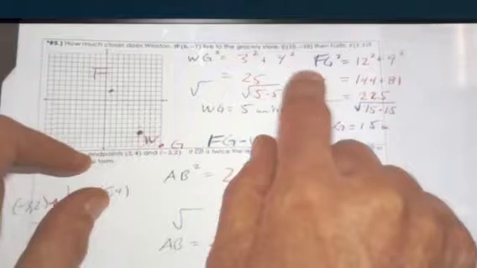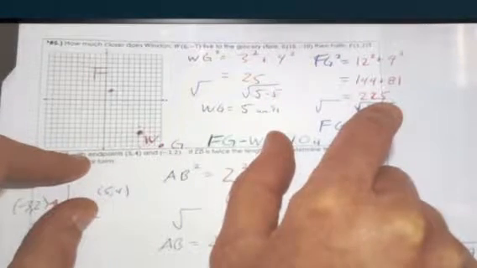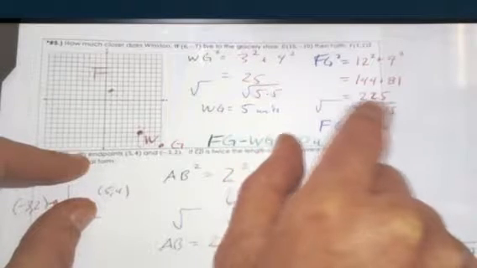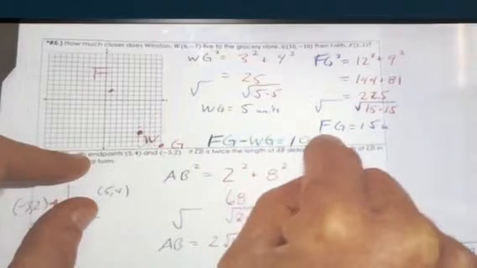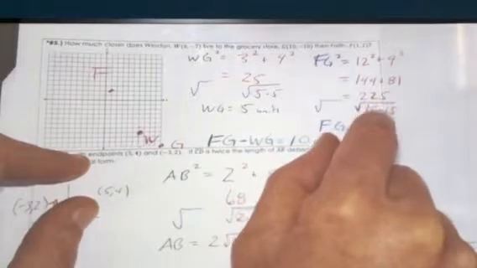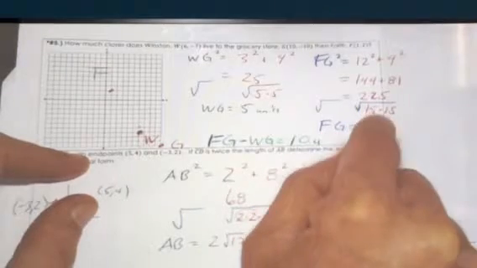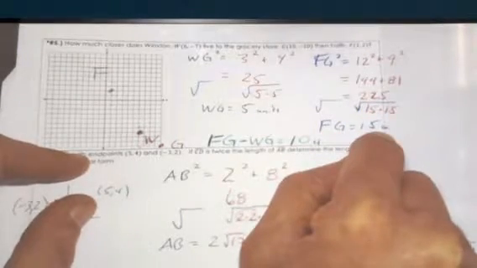Now to figure out Faith to the grocery store, we need to take the square root of both sides. 225 is 15 times 15, so the distance is 15.